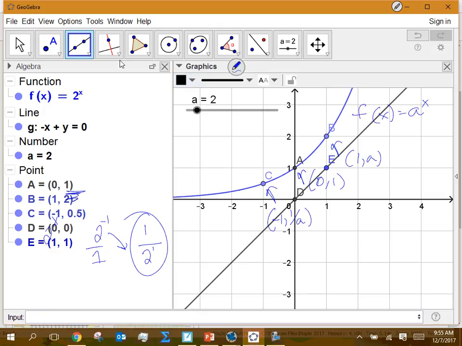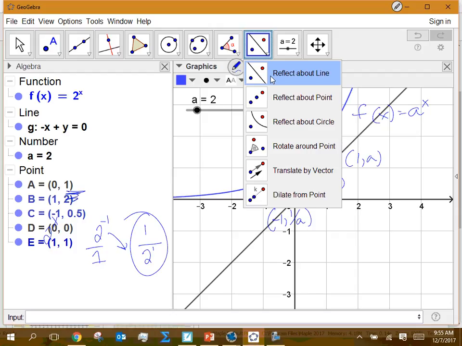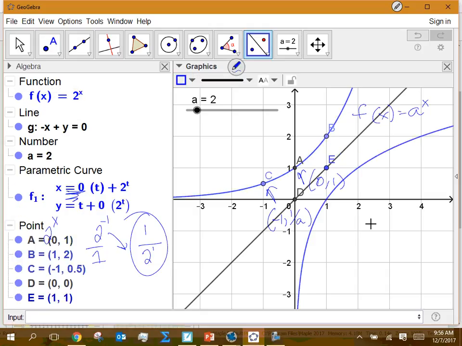So I'll draw on the line y equals x. When they're inverses, basically the ordered pairs just flip-flop. So if I reflect this function across that line right there, that curve in the fourth and first quadrant is a logarithmic function. Does that make sense? Okay.